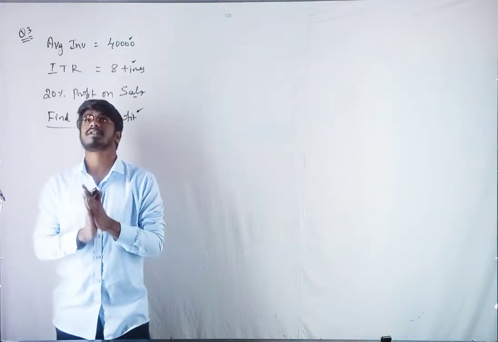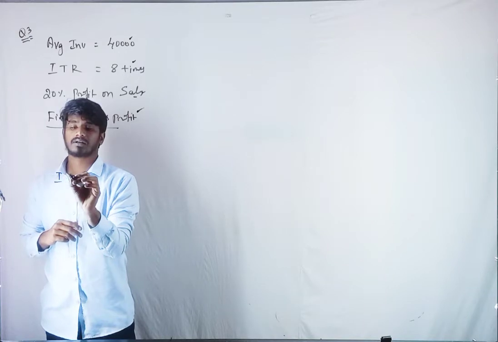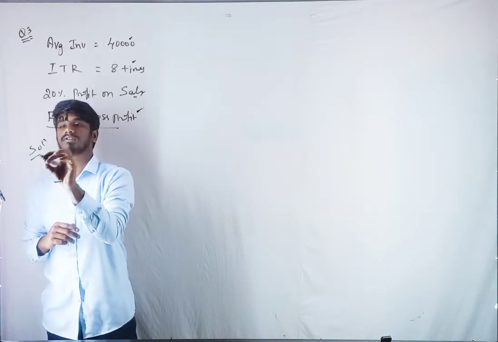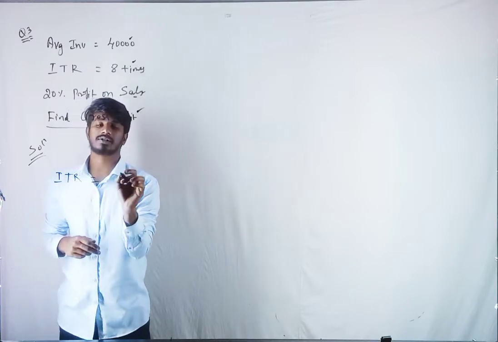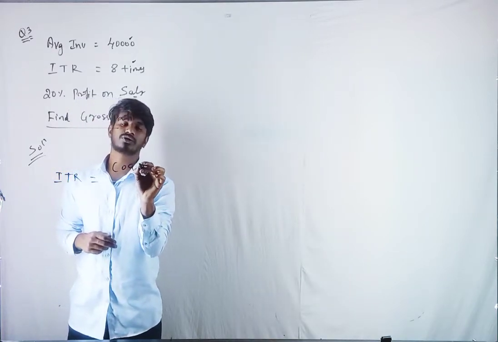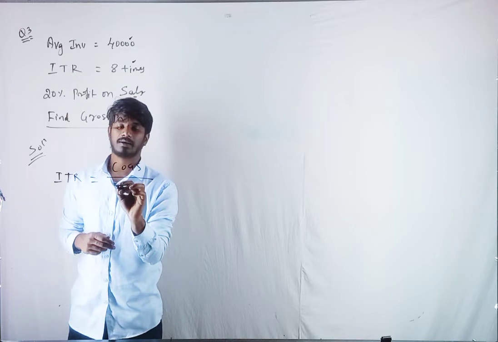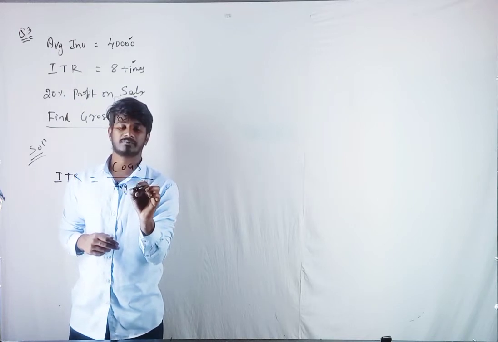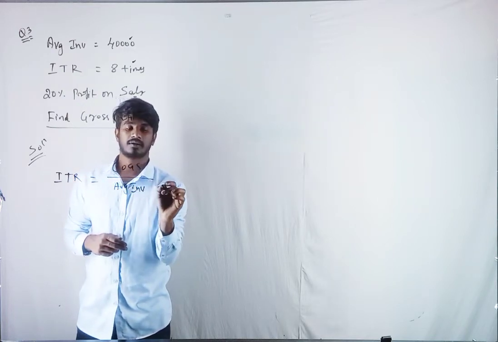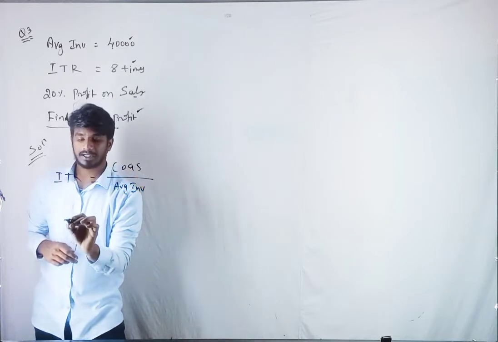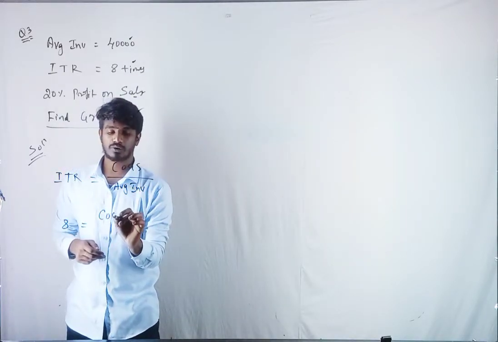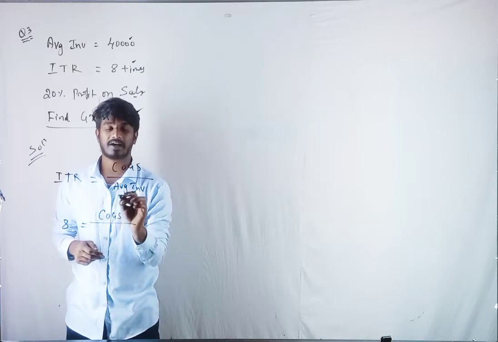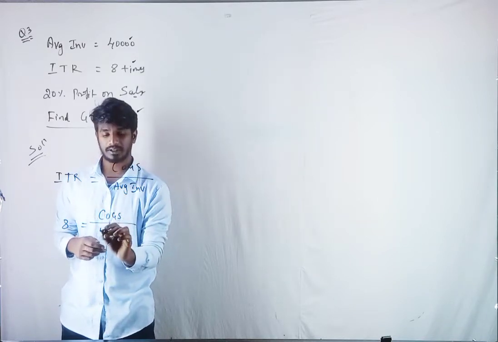Okay, let us open the solution. Let's write the formula first. ITR is equal to cost of goods sold divided by average inventory. ITR is 8 times, equal to cost of goods sold, which we don't know, divided by average inventory, which they have given as 40,000.